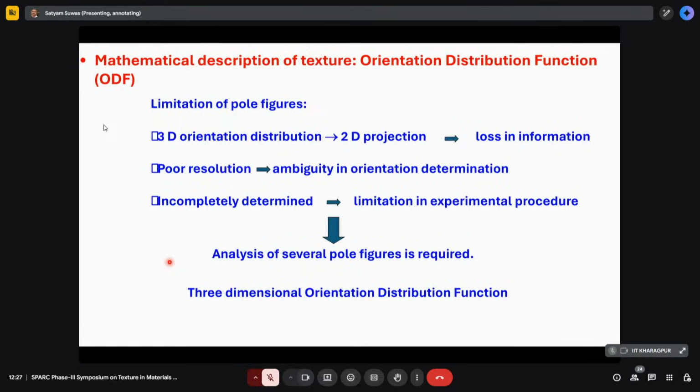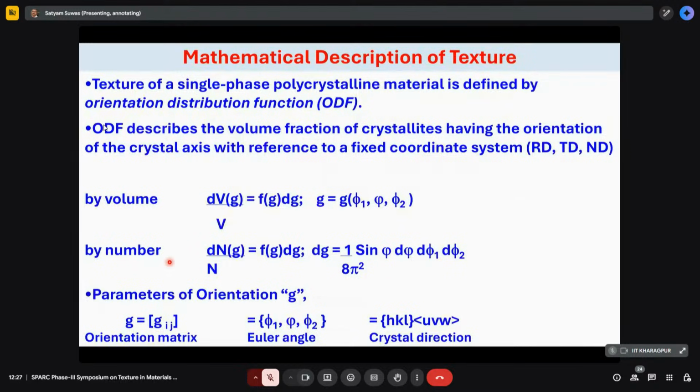But now where does the orientation distribution function come in? Now that we have described the crystallites by three angles, if we have to represent mathematically how the distribution of those orientations is there in the orientation space, we need a mathematical connection between the two.